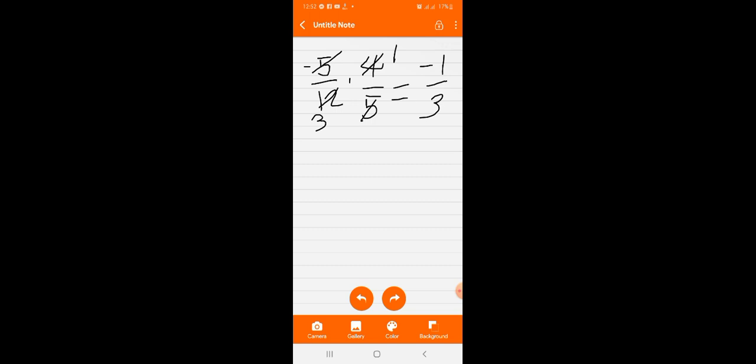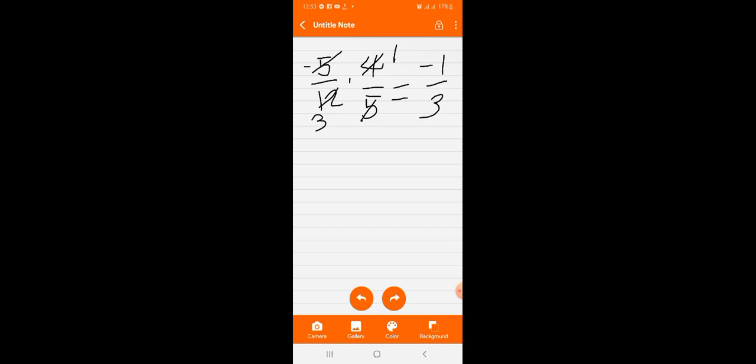Then to find the angle, get your calculator and press shift tan, then put in the result.